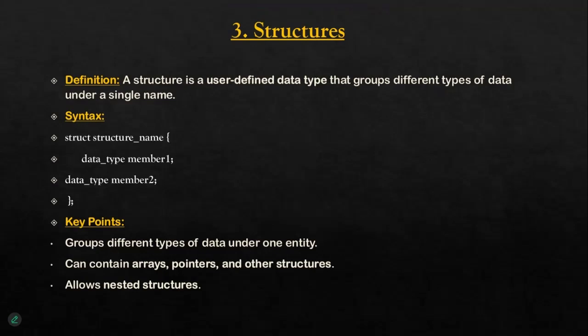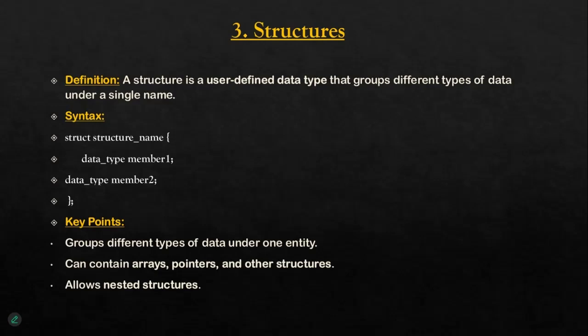Like in an array you have to give the same type of data, but in a structure you can give different types of data grouped under a single name.